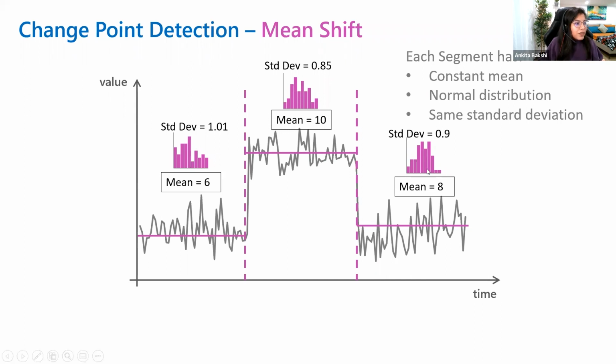And if I plot the individual time series, you can see that all three segments have a very similar and normal distribution. So it's a very good example of splitting this time series into three segments using two change points where the statistical properties follow the assumption of a mean shift.